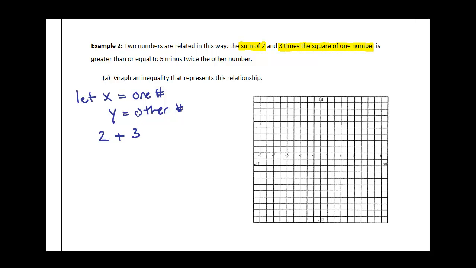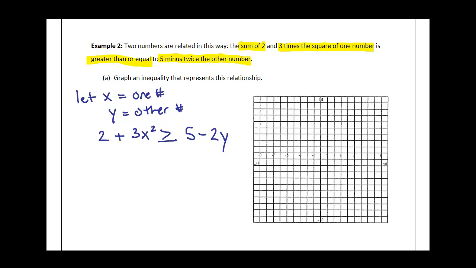So it's 3 times, well, one number is x, and it's being squared. And then from there it says is greater than or equal to 5 minus twice the other number. So 5 minus 2 times the other number, which is y in this case. So our relationship looks like this.